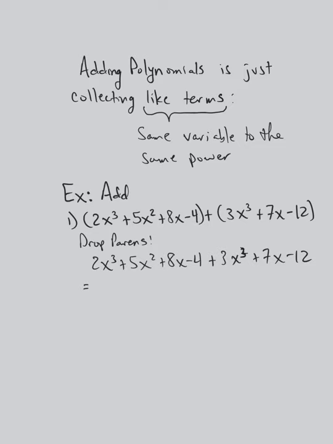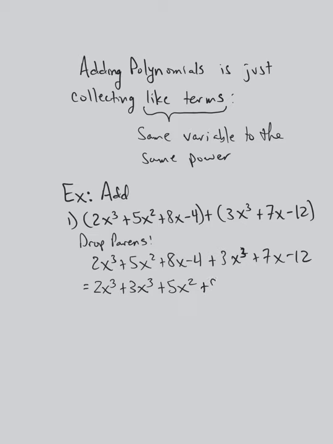Okay, so I start with my highest power. You can see that my highest power is x to the third, and I have a 2x to the third there. This is the way I usually like to do it. But notice that there's another term that has x to the third in it, 3x to the third. And so I have plus 3x to the third. Okay, and then I have a plus 5x squared. I look to see if there's any more x squared terms, but there's not, so it doesn't get combined with anything.